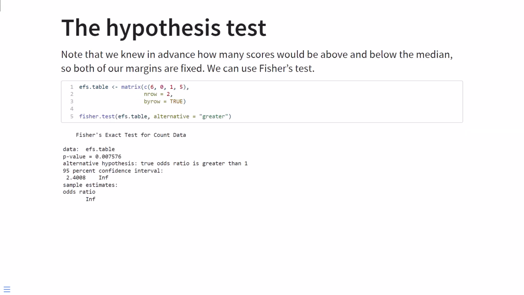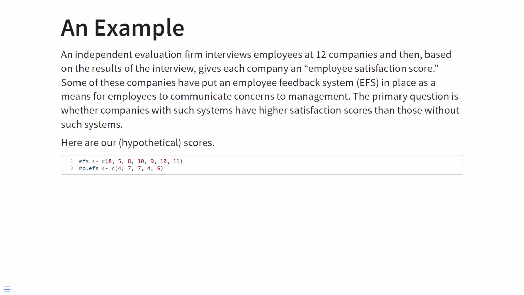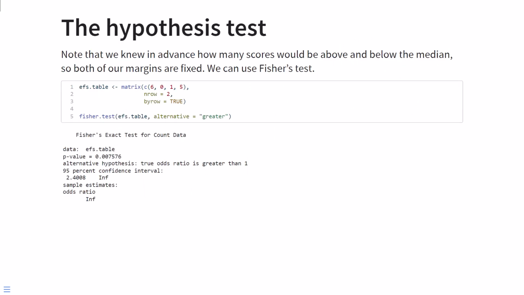Note that we knew in advance how many scores would be above and below the median. Why? Because it's the median. And so we know that of those scores, of which back here we had, looking at this, 12 scores, 6 are going to be above the median and 6 are going to be below the median.